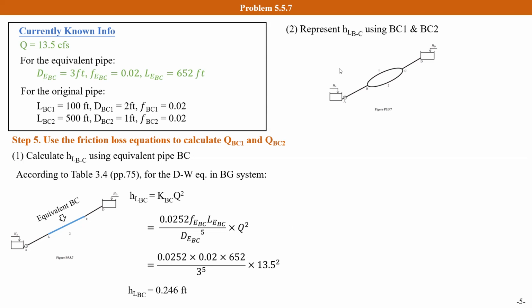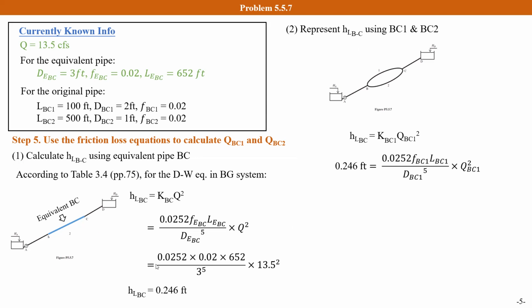The next step is to use the pipes BC1 and BC2 to represent the head loss between B and C. If we apply pipe BC1 to calculate the head loss, it equals K times Q to the power of 2. And we can calculate the value of K for BC1 according to table 3.4.